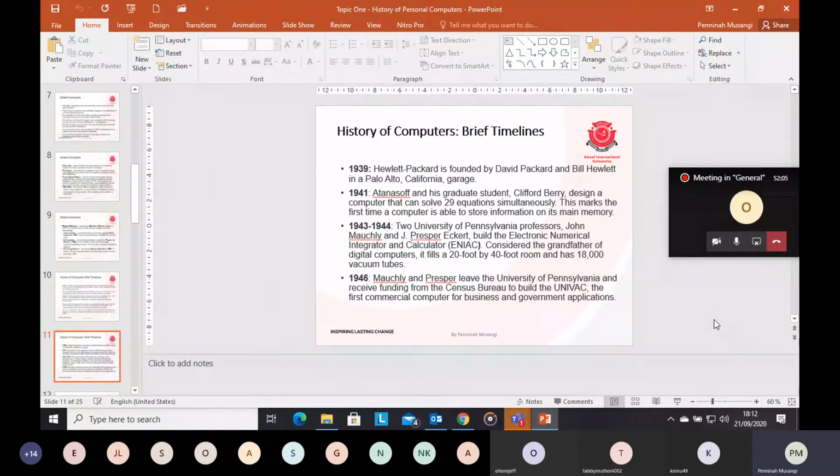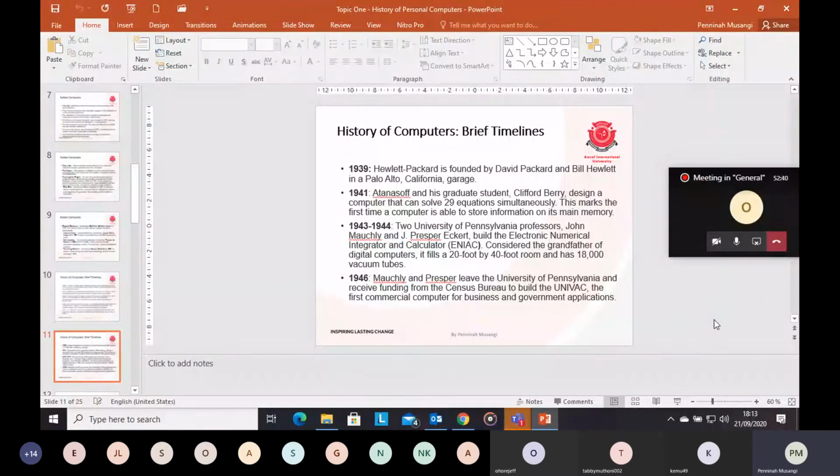Previously, computers could only solve one problem at a time. So you could not give another instruction until one instruction was over. You had to wait for one mathematical calculation to end before issuing another. It is during this time that Atanasoff and his student Clifford brought in the idea of a computer being able to solve up to 29 equations at the same time.